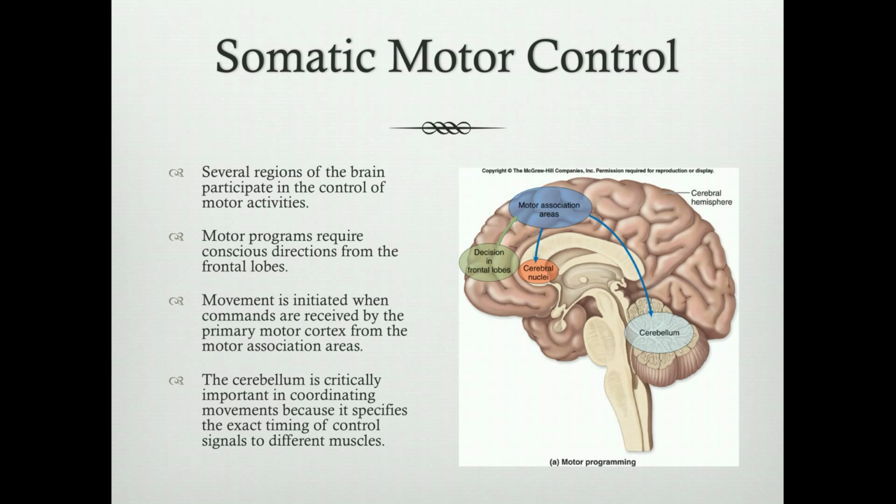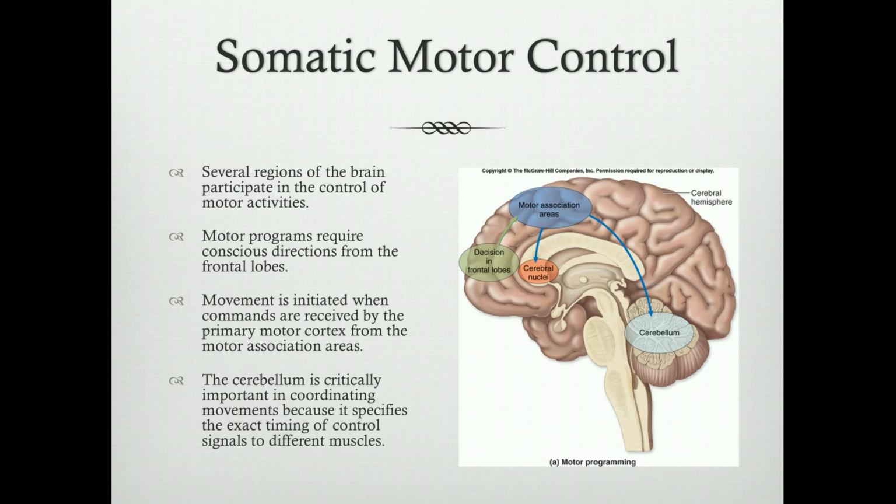Those motor association areas are going to send out the initial decision to do something or to not do something in terms of a response. Notice we've got participation in the frontal lobe telling us whether or not we should do this, and then the motor association telling us where we should do it from.